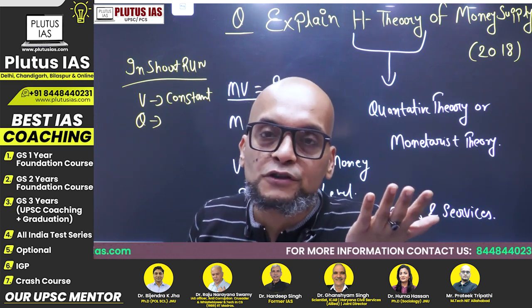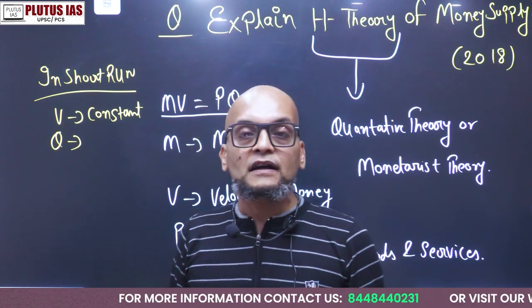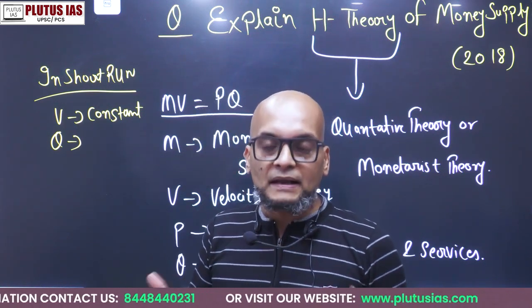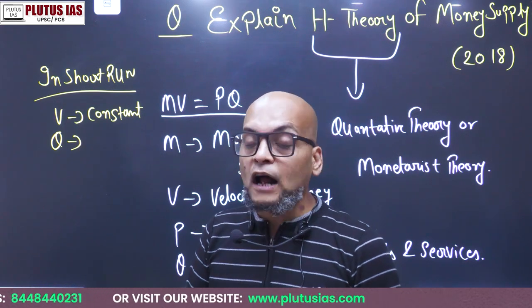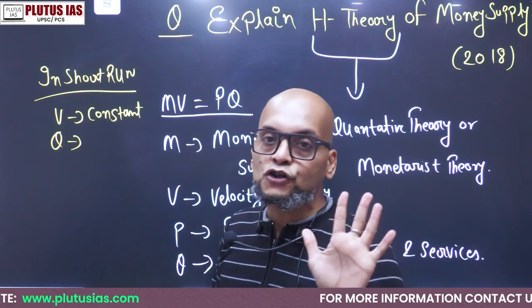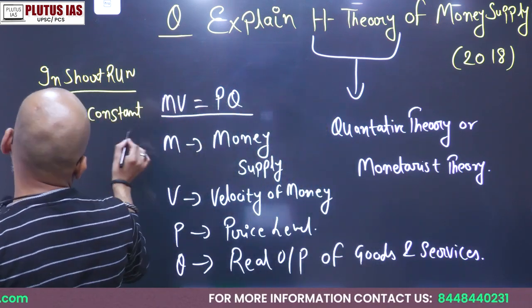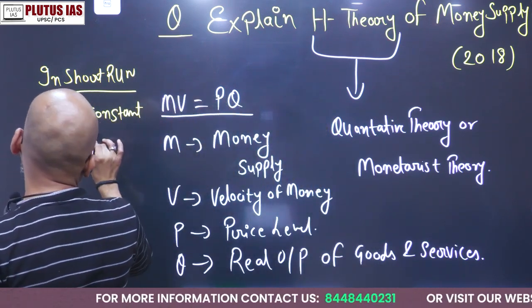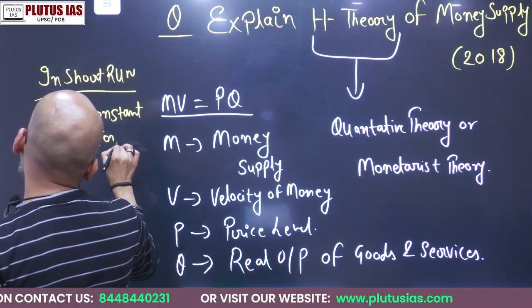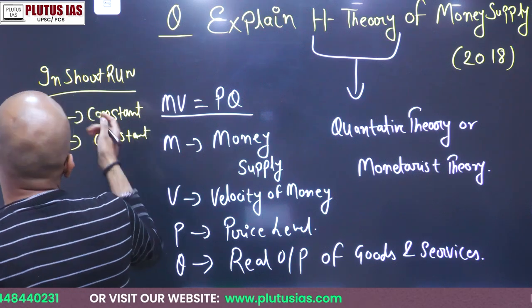The production is not going to change. Yes or no guys? Output is not going to change in the short term period of time. The macroeconomic concept is that output changes always in the long run, not in the short run. So in short run, the velocity and output both are going to remain constant.